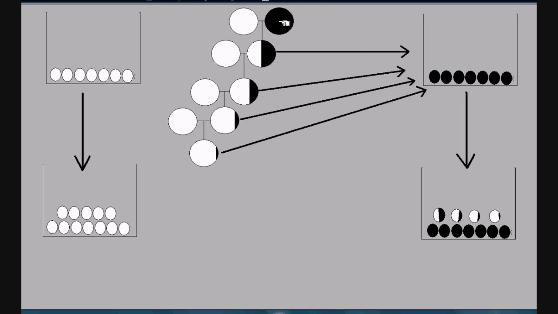We've got a pure black individual having a child with a pure white individual. We have this mulatto offspring who's half black, half white. But because of the racial classification system of the one drop rule, this individual will be classed as black and put in the black box. This is metaphorically speaking, of course. This box is representative of the black race. This box is representative of the white race.